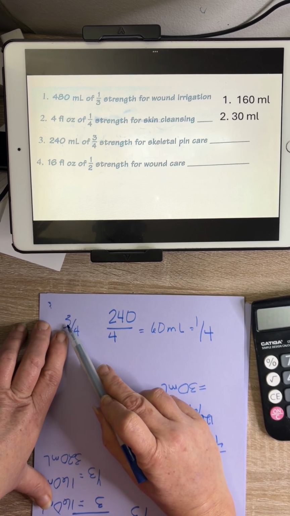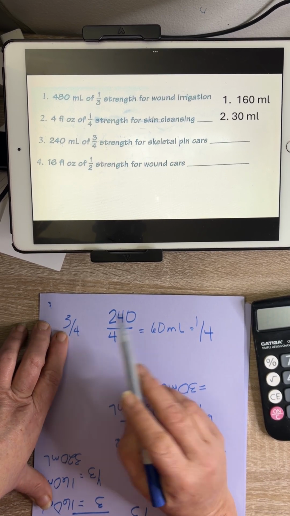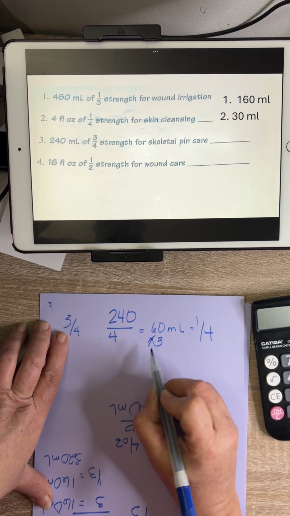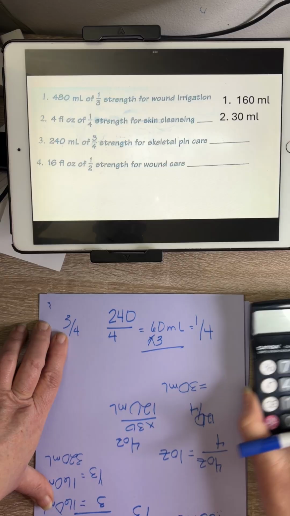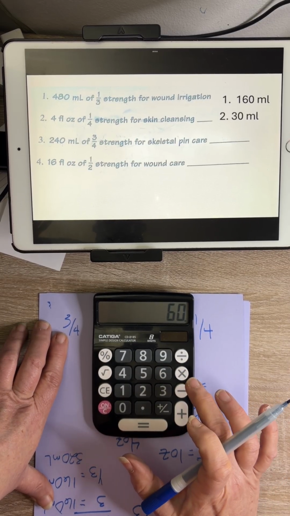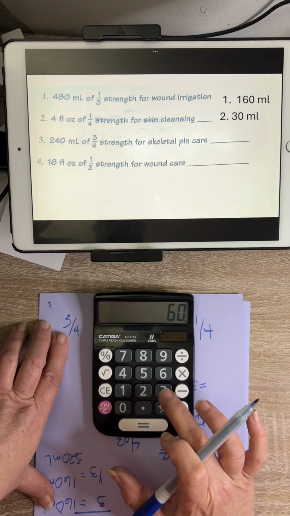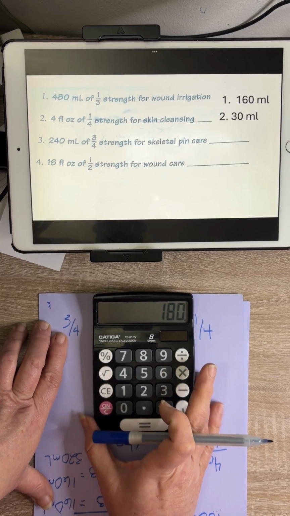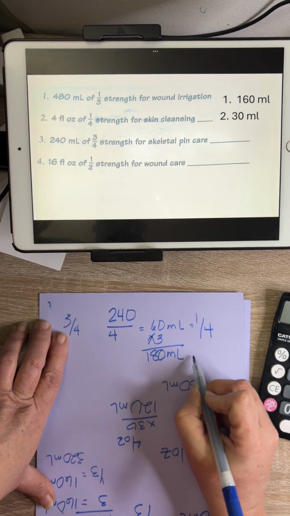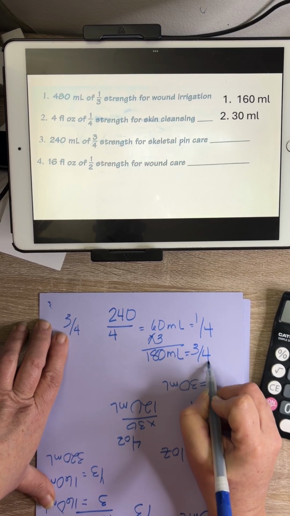And they want 3/4. So if 60 is 1/4, we can multiply 60 times 3. I'm going to do it on the calculator. Don't trust your brain if you don't know your math facts. Times 3. And that's going to be 180 milliliters would equal 3/4 strength.